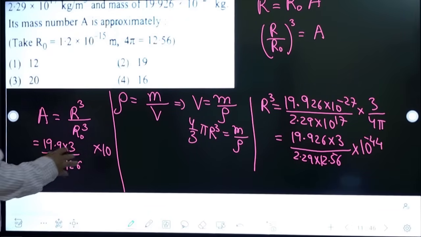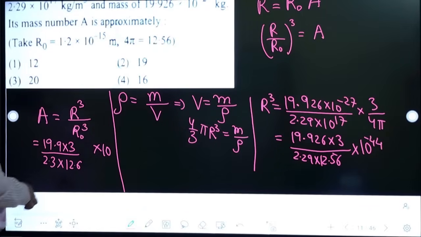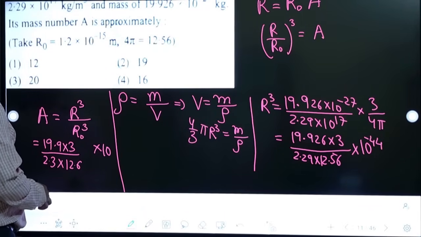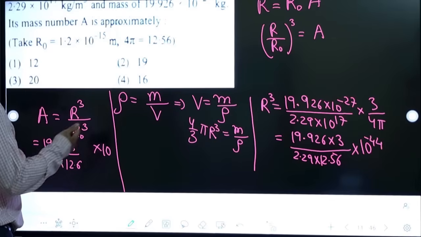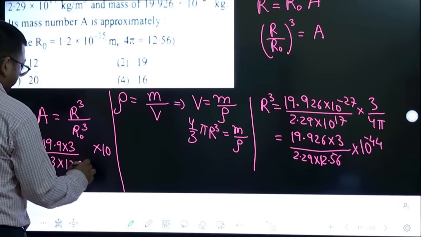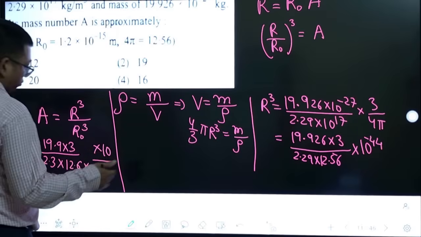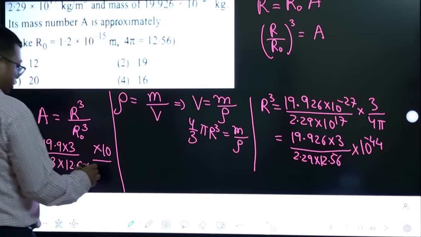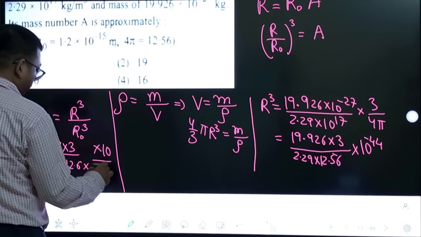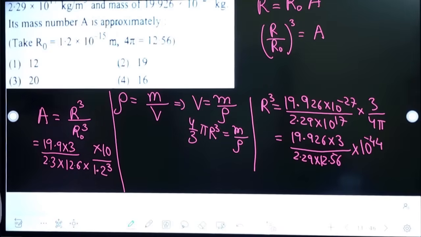So this whole thing I need to divide by 1.2 whole cube. So how much will it be? This whole cube divided by 1.2 cube, 1.44. Now how much will this A give us? Think about it.